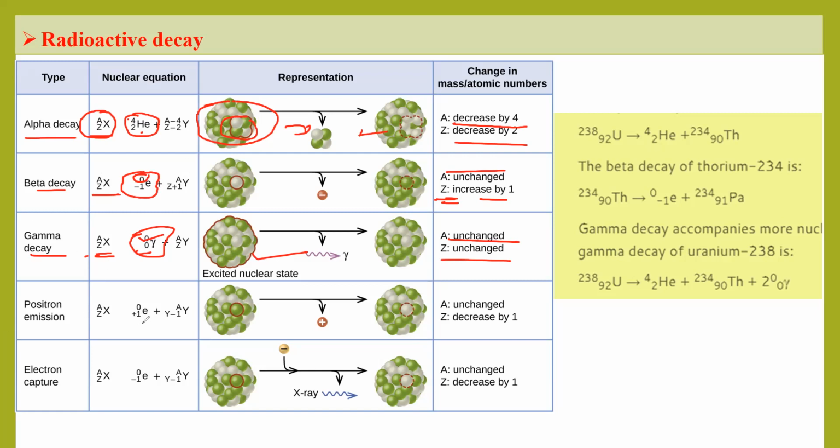Positron has +1, electron 0. So there is a decrement in proton number by 1, and no increment or decrement in mass number. So after positron emission, A is unchanged and Z is decreased by 1.